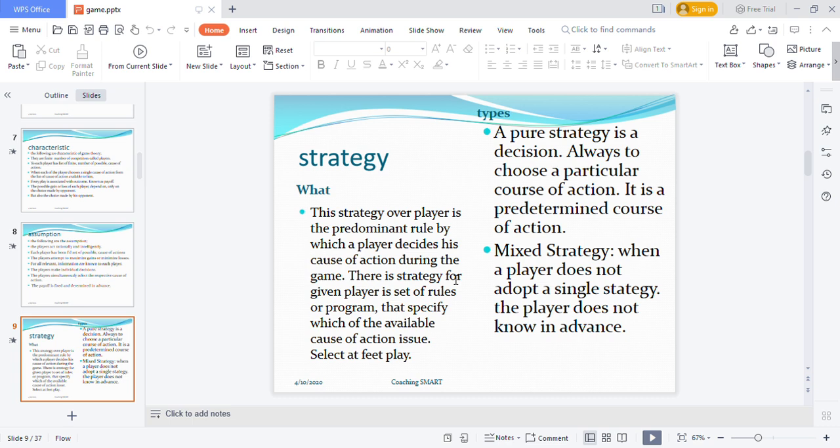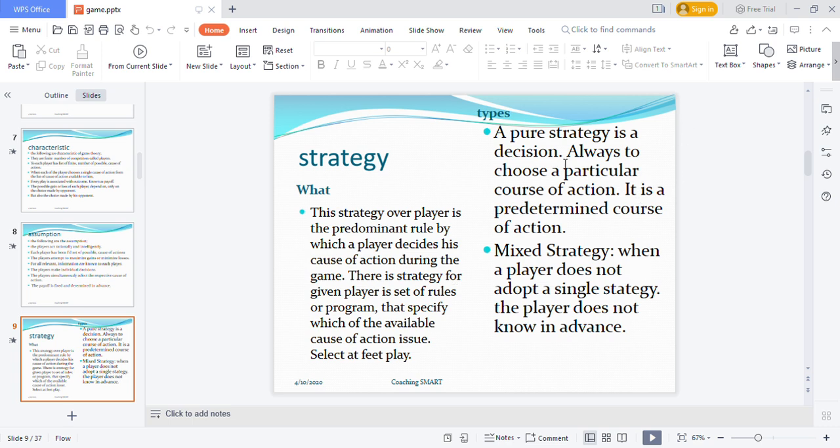There is, for a given player, a set of rules or a program that specifies which of the available courses of action to select at each play. Now what we are trying to say is that strategies are these courses of action, the way a player can undertake an event or course of action.